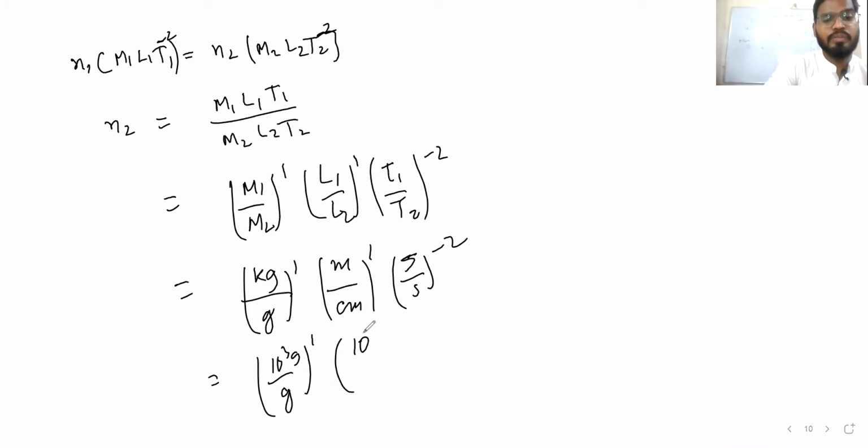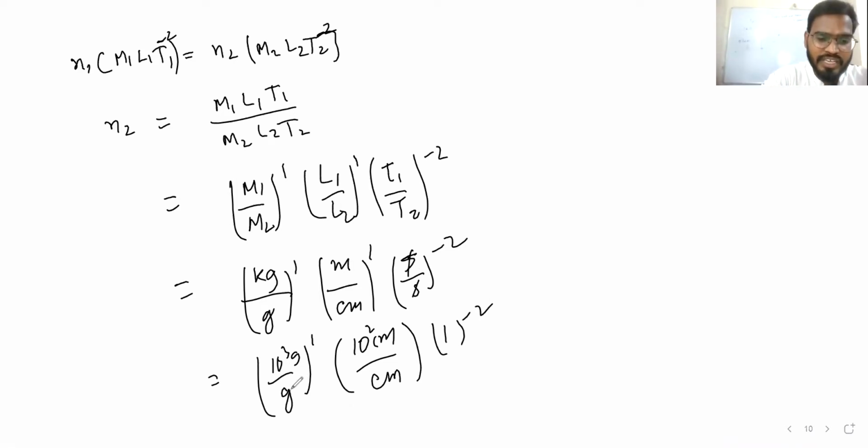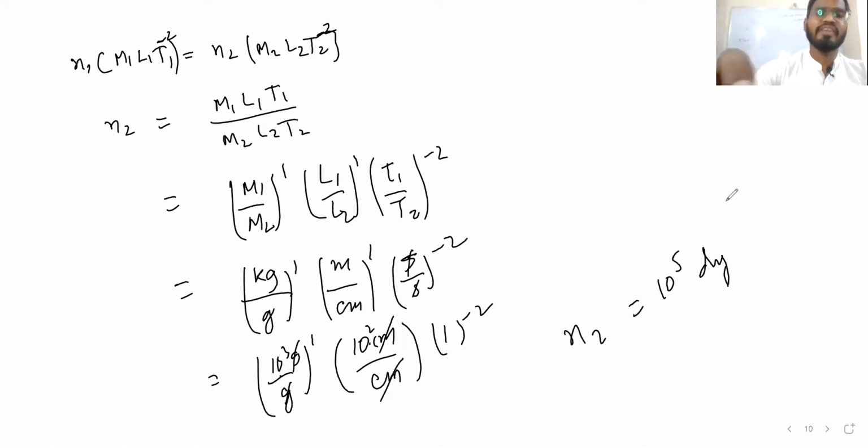Then 10 to the power 2, meter by centimeter. The seconds cancel out. Multiplying, we add the powers: 10 to the power 3 and 10 to the power 2, so n2 is 10 to the power 5.